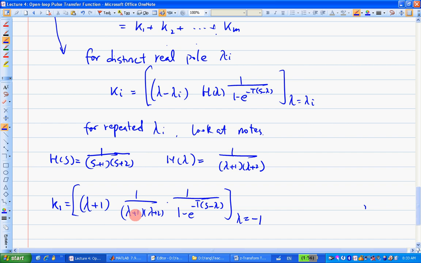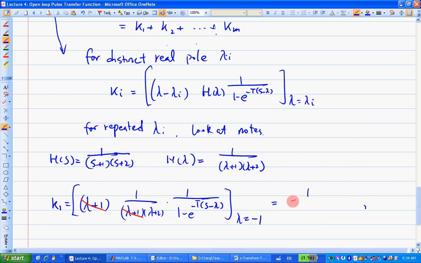It's very similar to the formula you use to find the A and B values when you do partial fraction expansion, right? Yeah, very similar. So you cancel this first before you apply lambda equal to -1. Then you apply lambda equal to -1 into here. So what do we get? We get -1 here is 1.